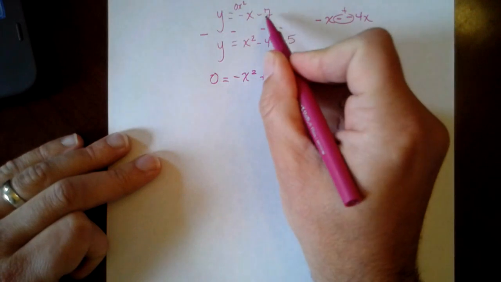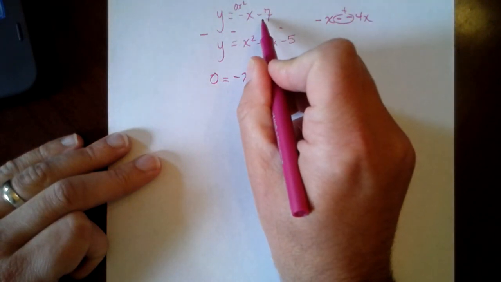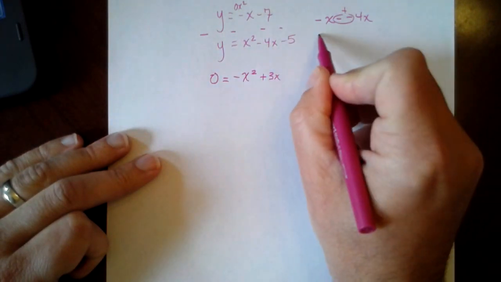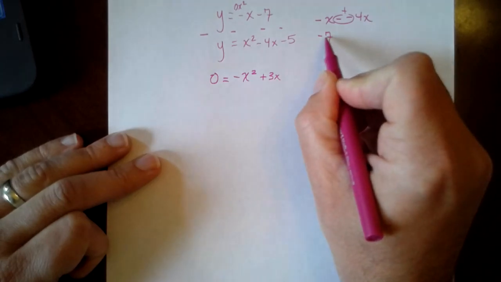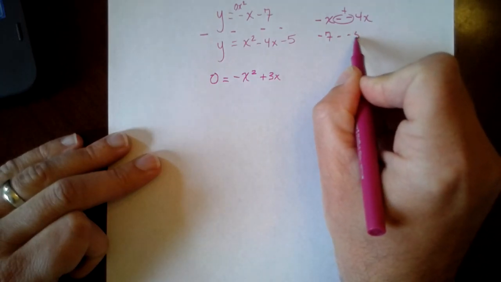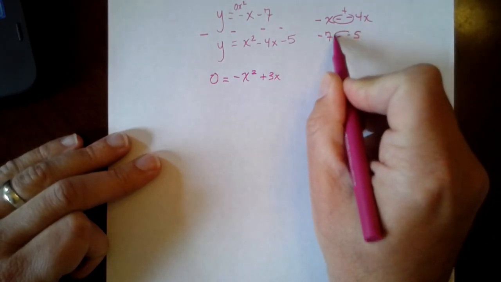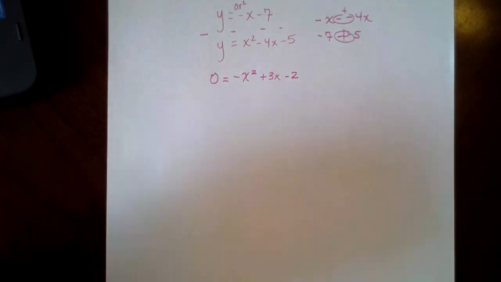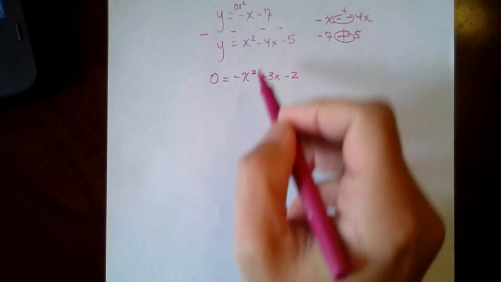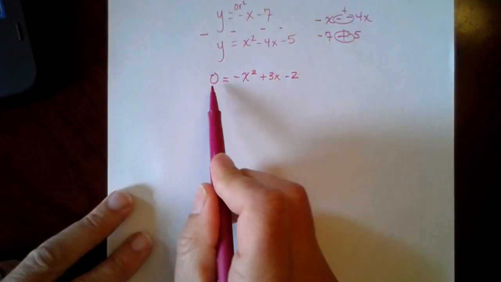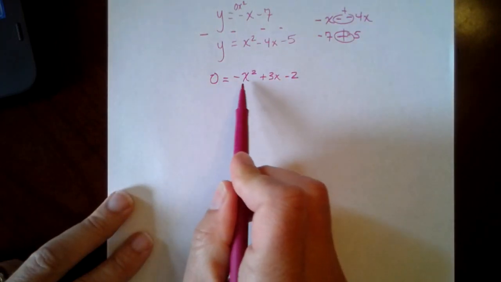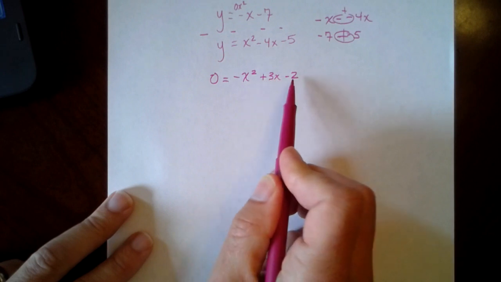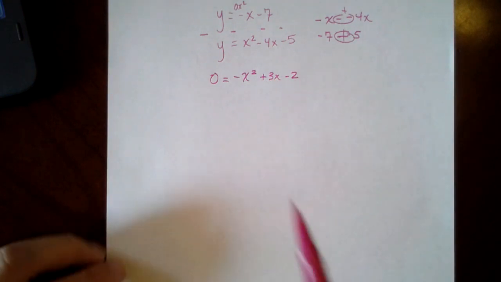All right, and then I have negative 7 minus negative 5. Again, a lot of negatives in the head. Negative 7 minus negative 5. Make a big old plus, so this is minus 2. All right, so these two, when I eliminate, I get this quadratic equation. 0 equals negative x squared plus 3x minus 2.